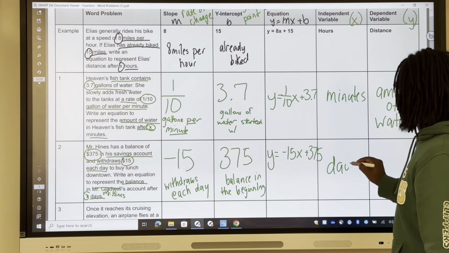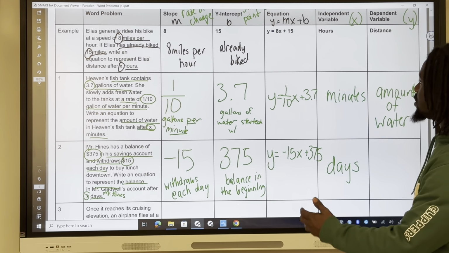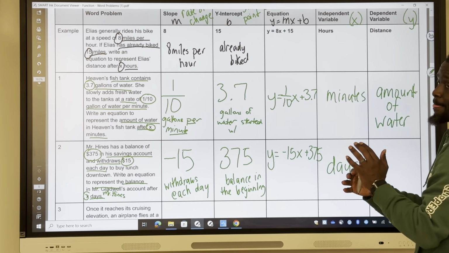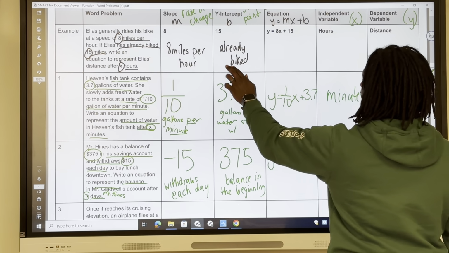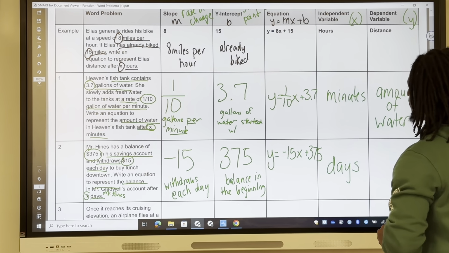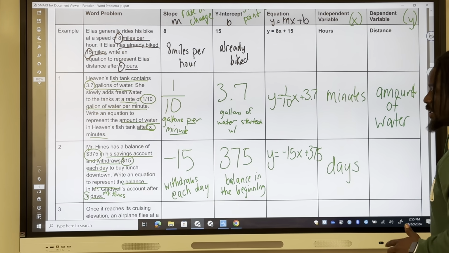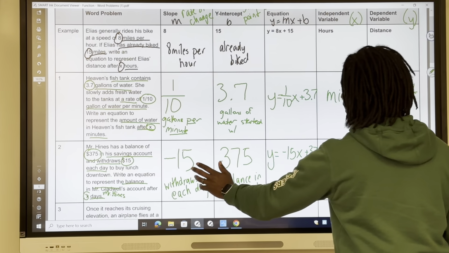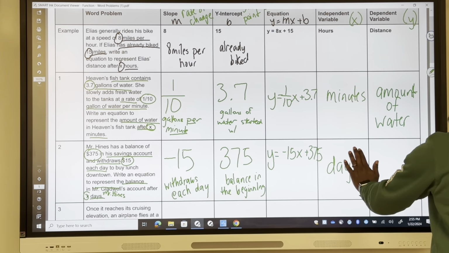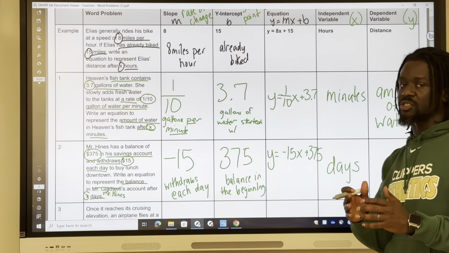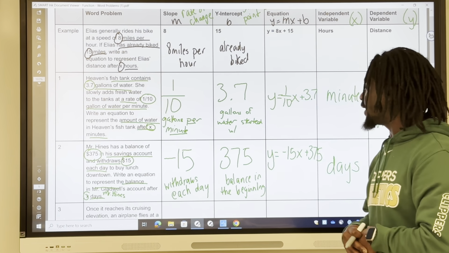Okay, so each day, all right, hopefully you see a connection. It was per hour, and hours was the independent variable. It was per minute, and minutes was the independent variable. And this problem is each day, and days is the independent variable. That's a super important connection for you to make, all right?